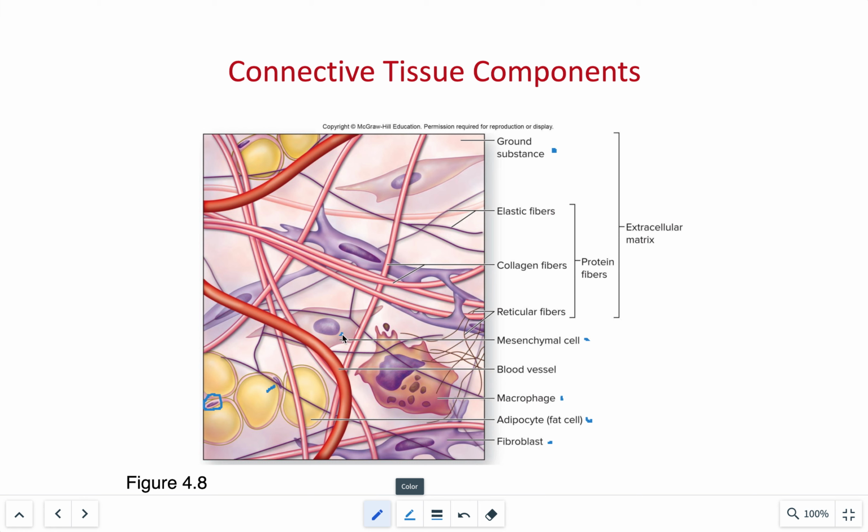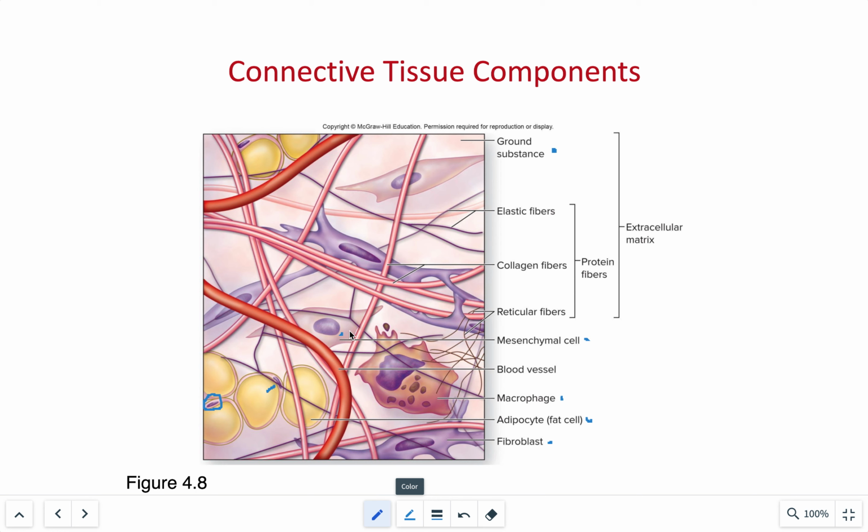One of the stem cells will divide and become a new mesenchymal cell, and the other division of the cell becomes a committed cell that migrates into the damaged area, and then it differentiates into a type of connective tissue cell that is needed.